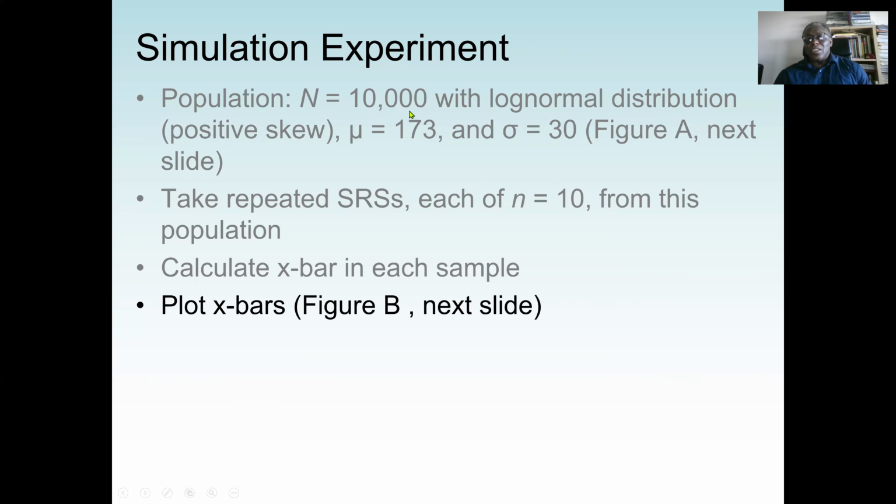So if the size is 10,000 and I'm taking a sample of 10, that means I can take up to 1,000 samples. Now the sample values, if I plot them, the distribution again will be normal.